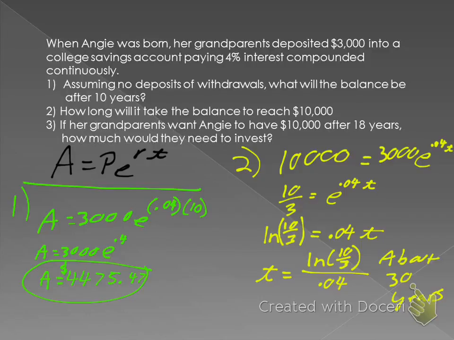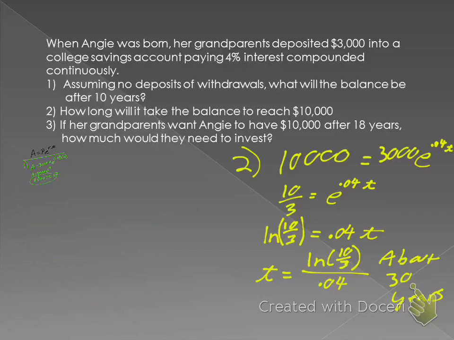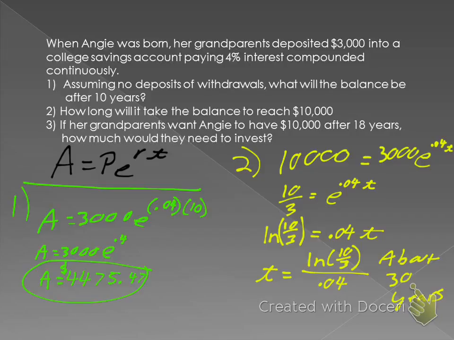Okay. That's number 2. Gosh, I'm almost out of room. How am I going to make 3 fit? Erase one. Make it smaller. I don't know where it went. Hold on. I didn't mean to make it gone.